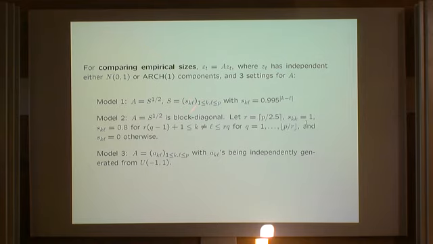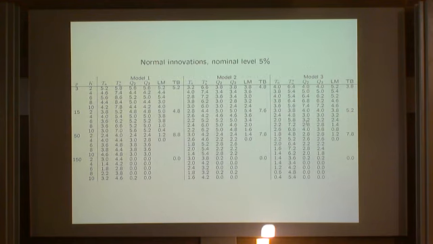So why do we put A in front of zt? This will make the components of epsilon t correlated with each other, instead of everything being IID. Okay, that's the kind of setting we have. And this is the normal innovation.